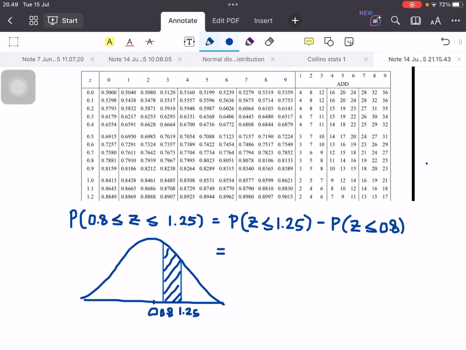The answer will be 0.8944 minus this one, 0.7881. So we can use our calculator. 0.8944 minus 0.7881. The result is 0.1063.